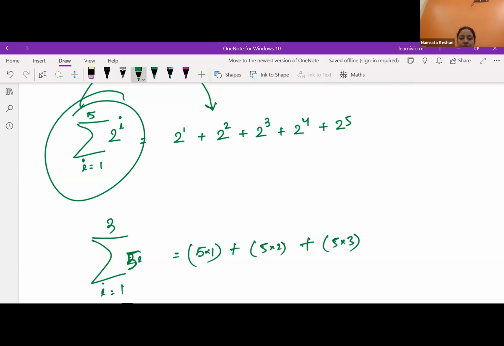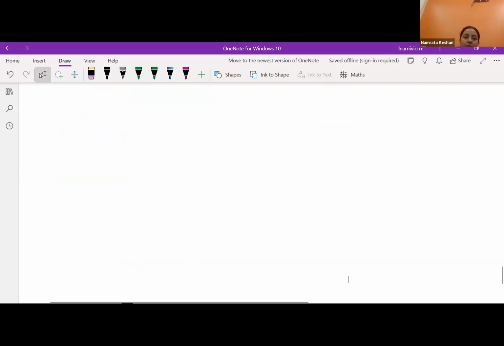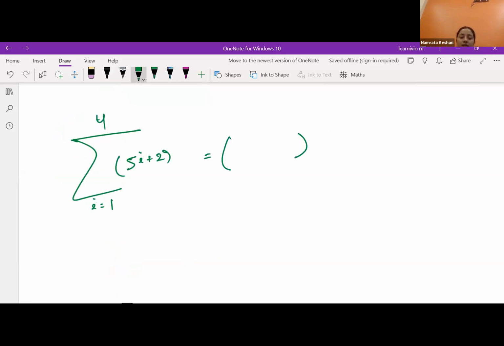Yes, ma'am. Okay. Now if I write the summation of all 5i plus 2, and again i ranges from 1 to, let's say, 4, you will have this bracket. First, you drop 1 in place of i, and 2 remains as it is, then 5 into 2 plus 2, where 2 remains as it is.